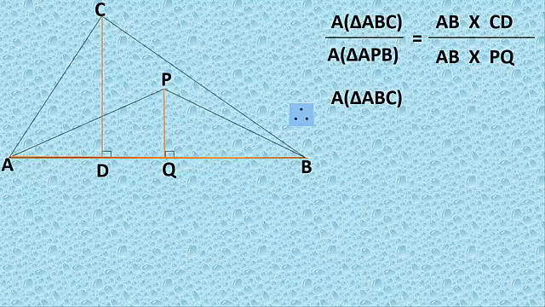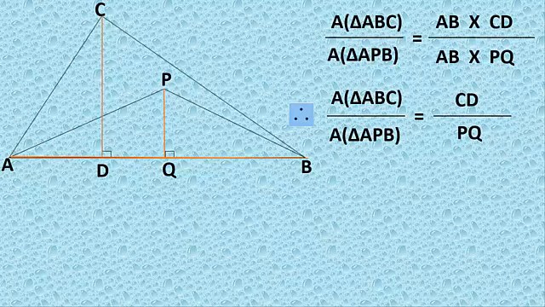Therefore, on the RHS side, AB gets cancelled. In numerator, CD remaining divided by, in denominator, what is remaining? That is PQ.